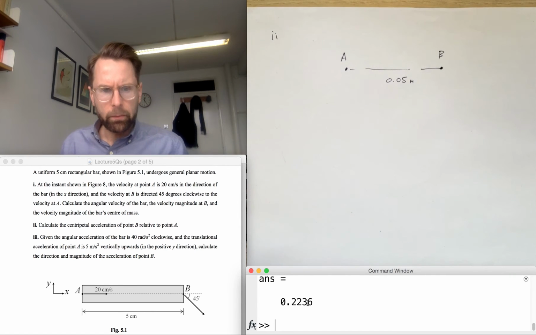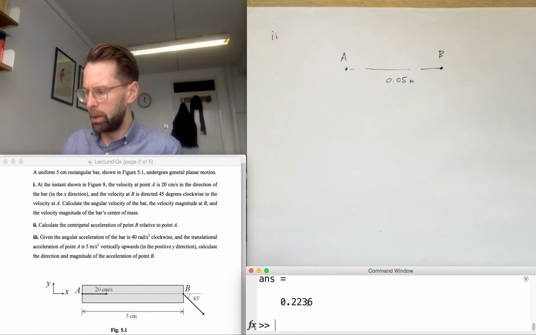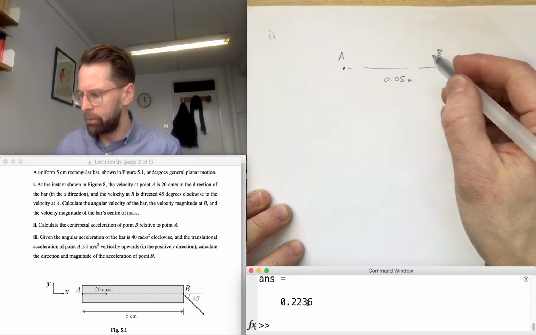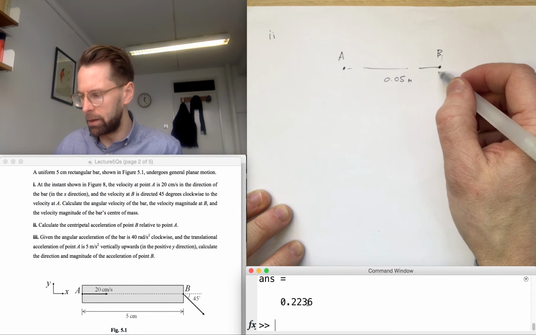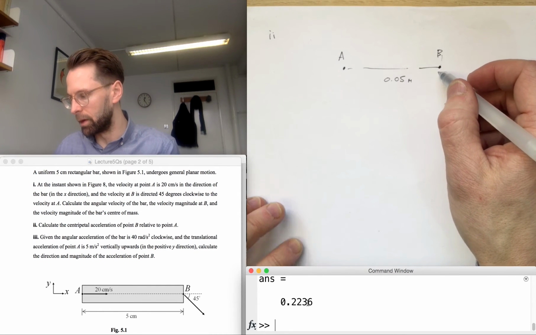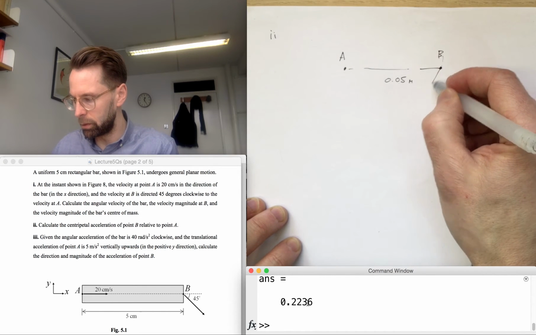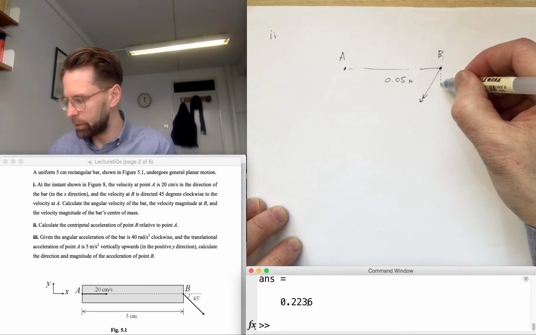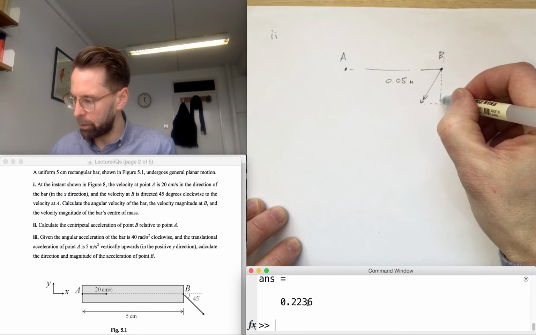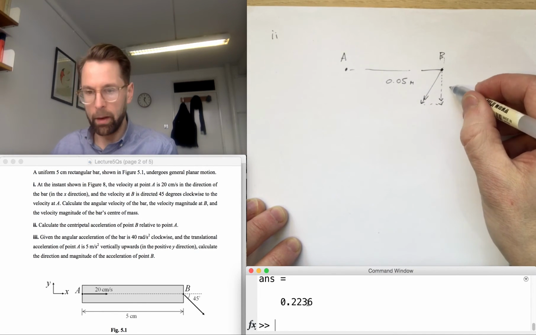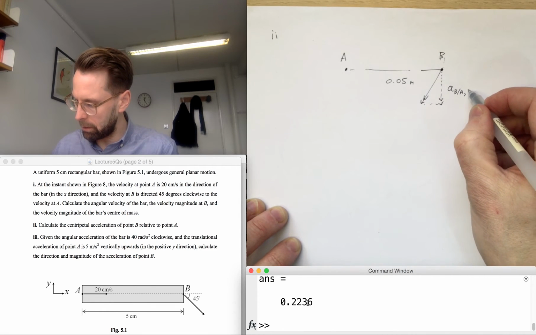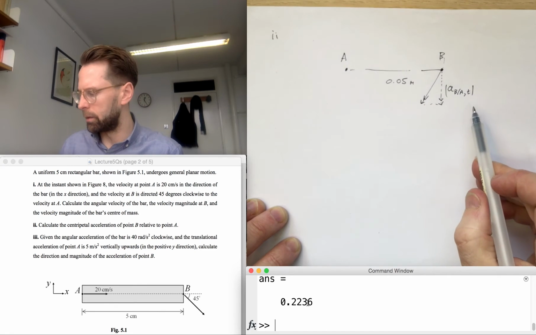And part 2 asks us to calculate the centripetal acceleration of point B relative to point A. Now, this acceleration of point B relative to A might be, for example, like in this direction. But it's got 2 components, a tangential component, and the length of that is denoted by that expression.